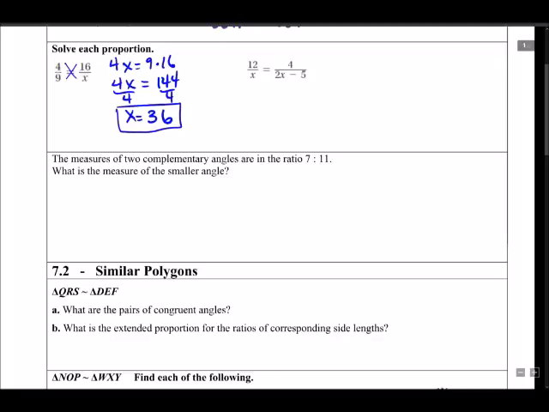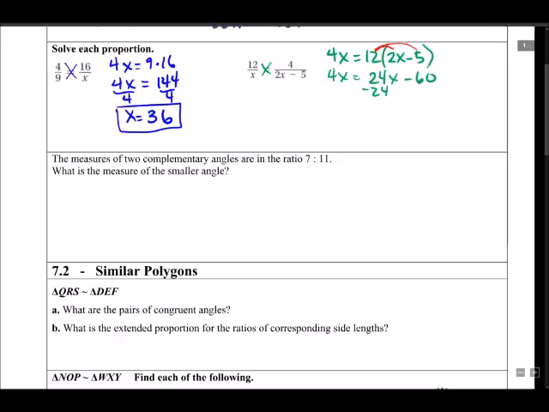And the next one, cross multiply. Oh, this one's got a little more to it. 4 times x equals 12 times, don't forget your parentheses here because that's a single idea, 2x minus 5. That means we are going to have to distribute. So 4x equals 24x minus 60.